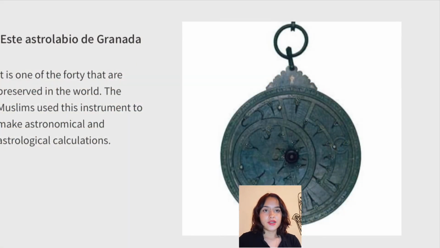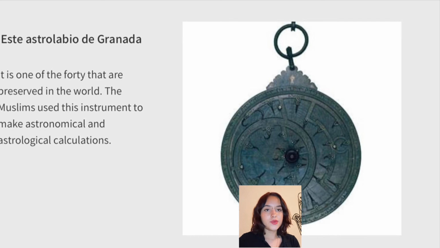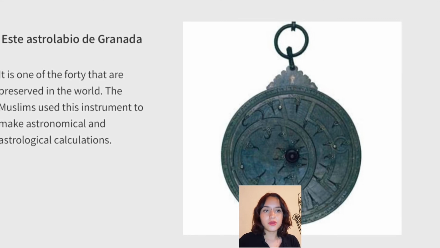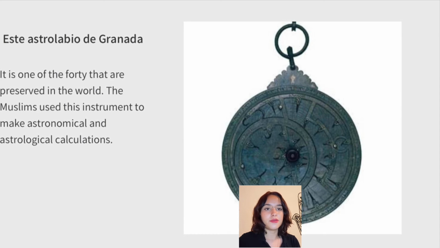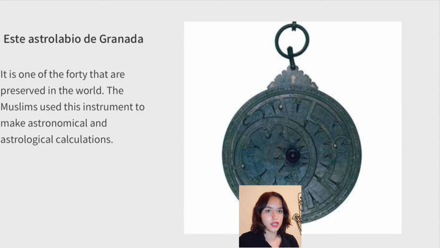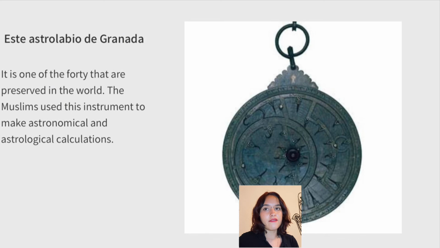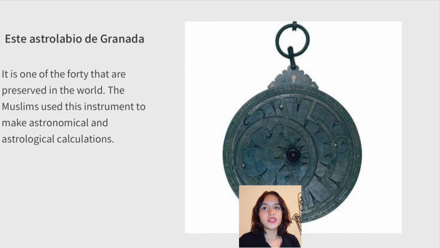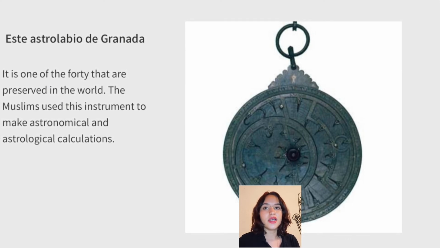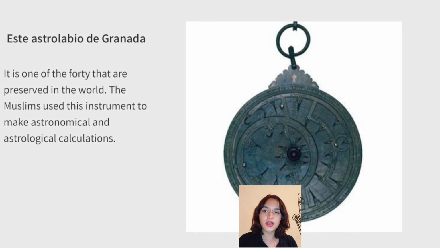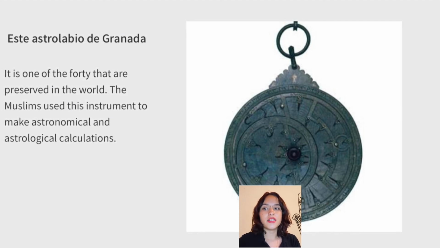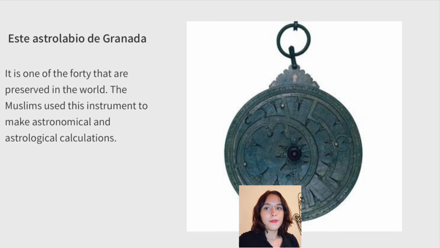This is the Astrolabe of Granada. It is one of the 40 that are preserved in the world. The Muslims used this instrument to make astronomical and astrological calculations. The astrolabe is a precision instrument that was used as an observatory and as an abacus for astronomical calculation, consisting of a circular plate.